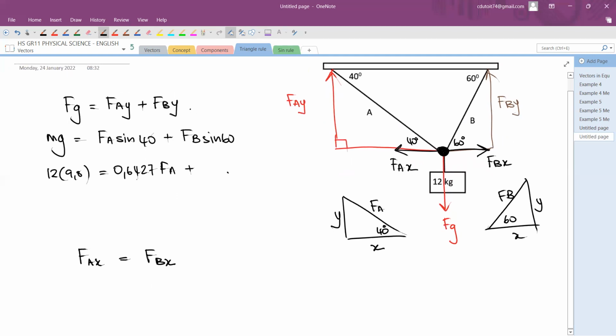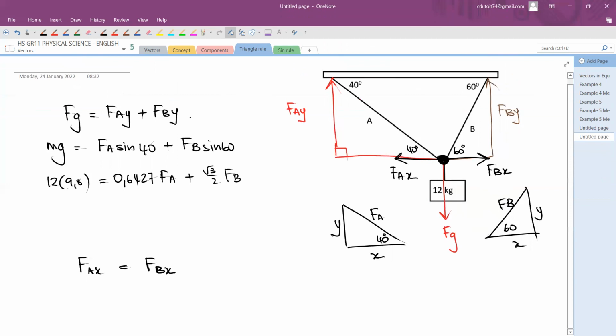Yeah. Whatever. And then sin 60 is √3/2, and that's FB now. Yeah. Okay. Right. What is √3/2? That is 0.86 something now. 0.8660. Yeah. I'm just going to leave it like that for now.